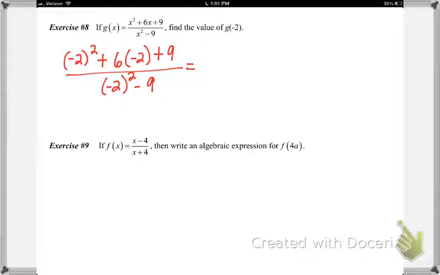If we evaluate our numerator first, using our calculator, that gives us 1. And if we do negative 2 squared minus 9, that gives us negative 5, which is negative 1/5.